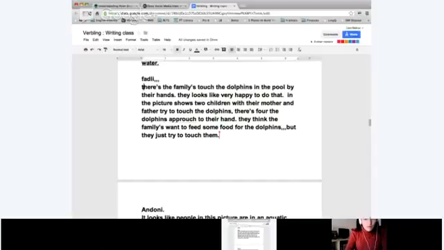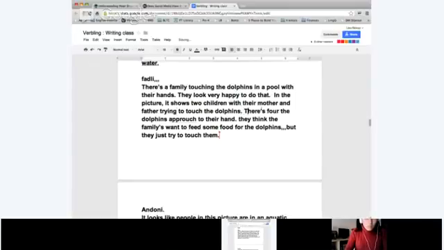Okay, good. There's a family touching the dolphins in a pool with their hands. They look very happy to do that. In the picture, it shows two children with their mother and father trying to touch the dolphins.